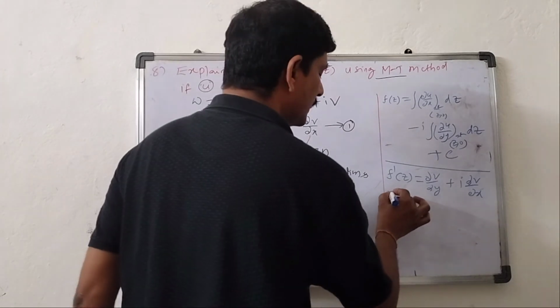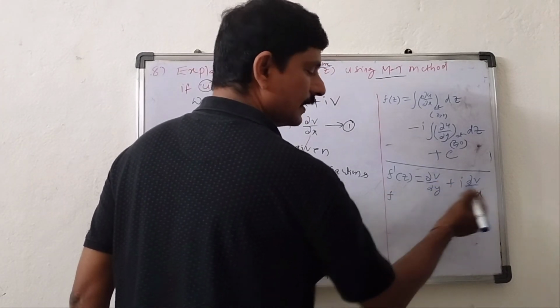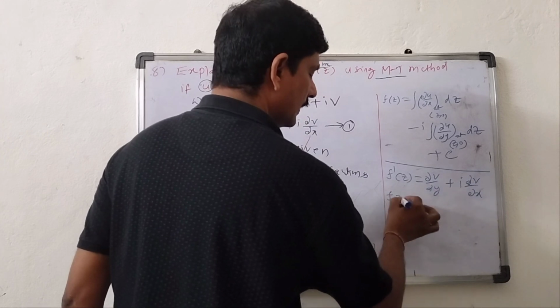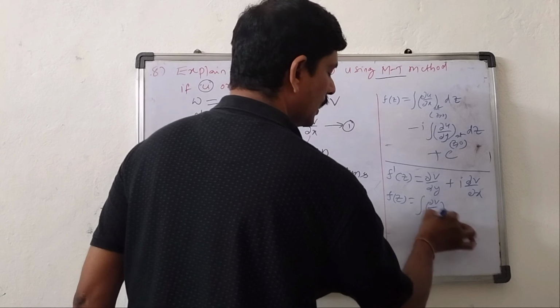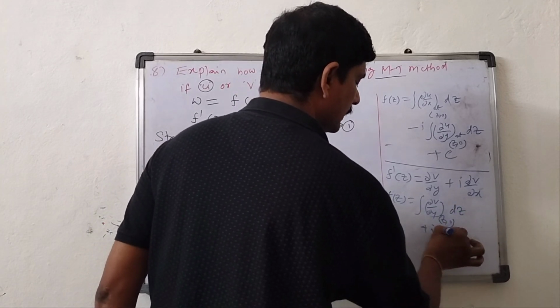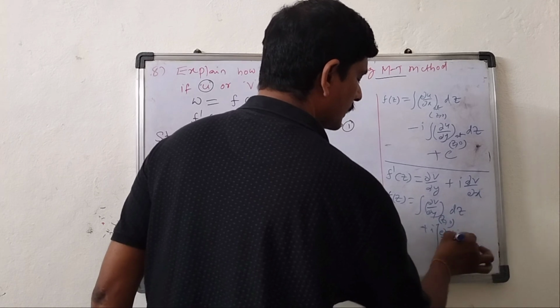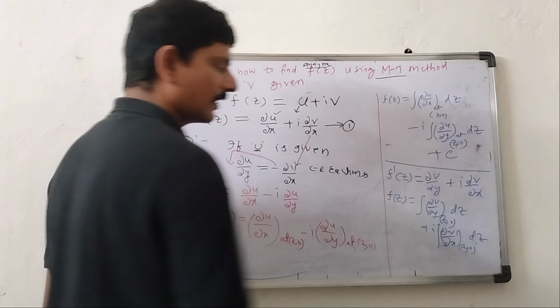Again replace x by z and y by 0, and integrating on both sides you get the integral of dou v by dou y at (z, 0) dz plus i into the integral of dou v by dou x at (z, 0) dz, since v is given.